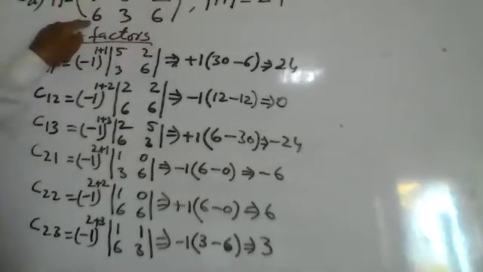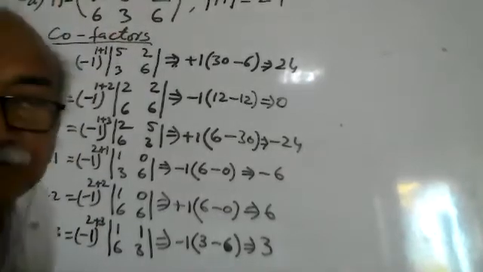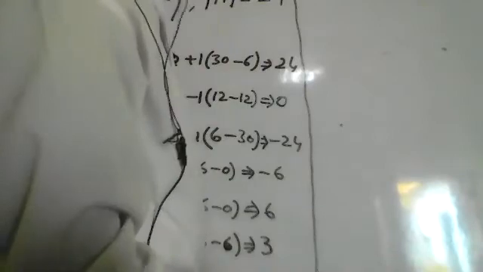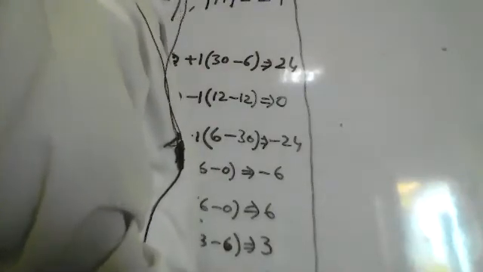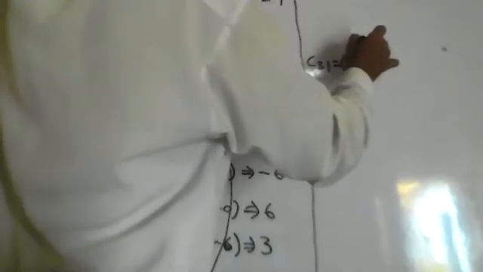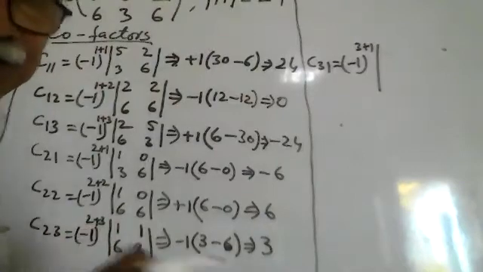Now we start the third row. So C31. Minus 1 raised to power 3 plus 1.